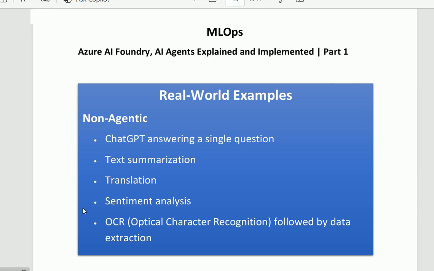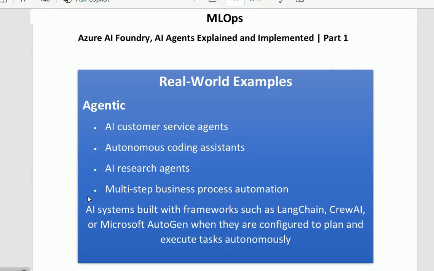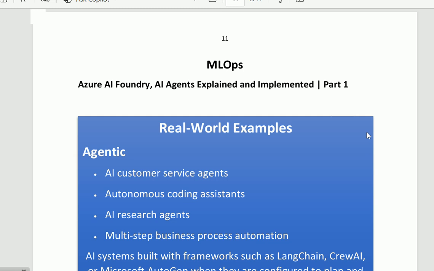Now, I shall also give some examples for the agentic workflow: AI customer service agent, autonomous coding assistant, AI research agent, and multi-step business process automation.